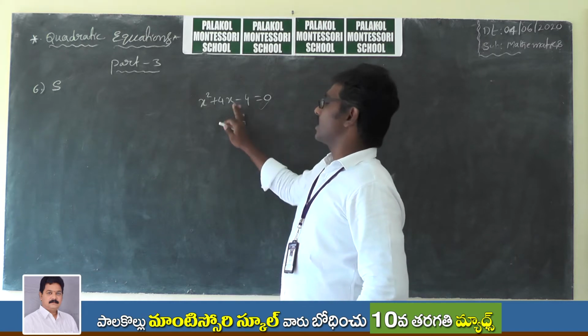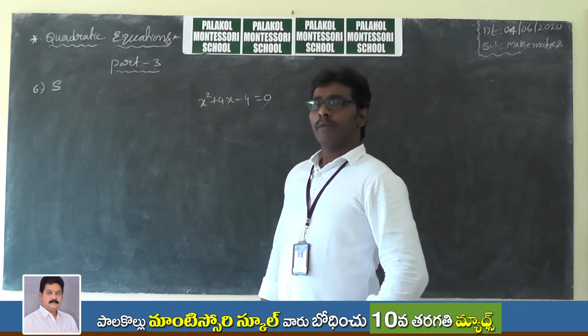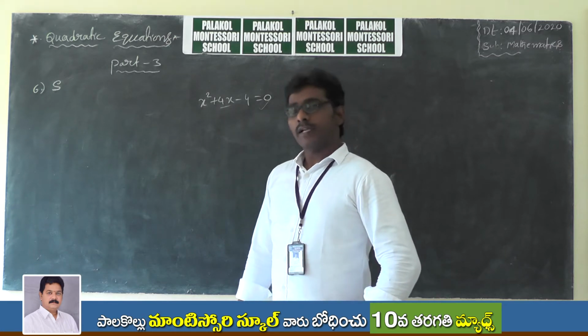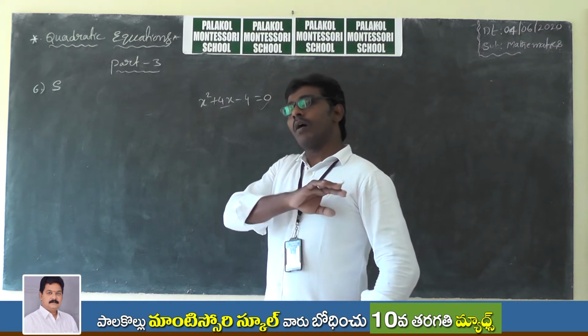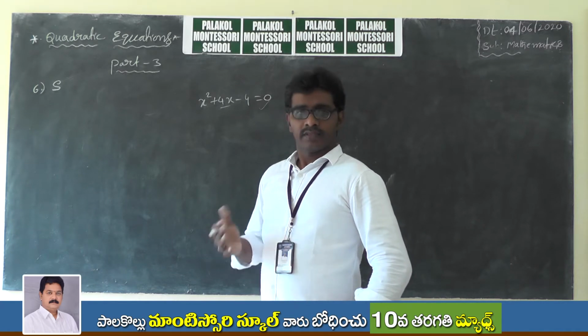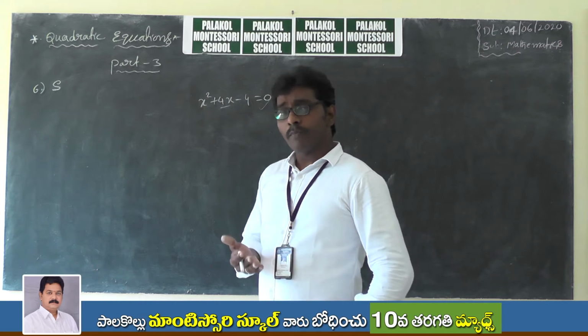Okay, it's not possible. That method is not applicable. Why? Because the middle term cannot be split. That means splitting the middle term does not solve all quadratic equations? No. That's why now we discuss one more method.